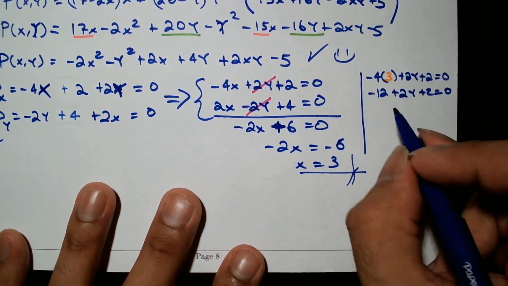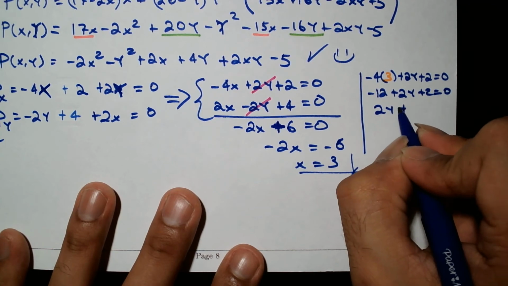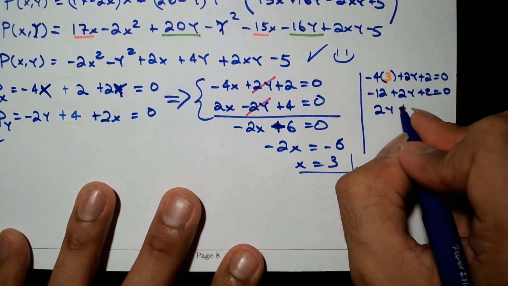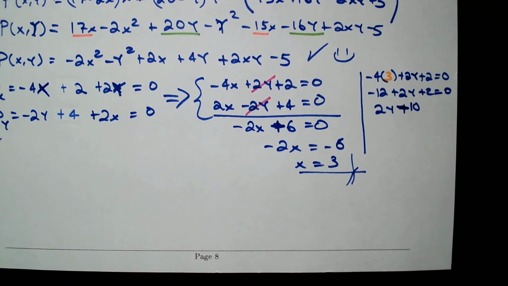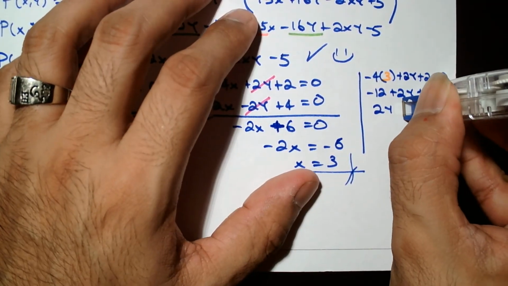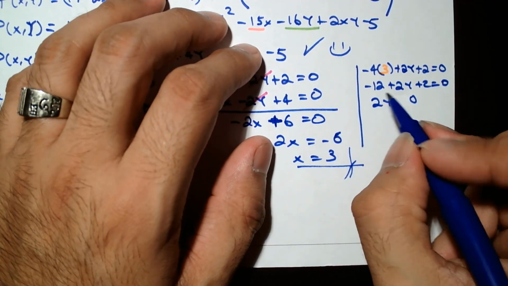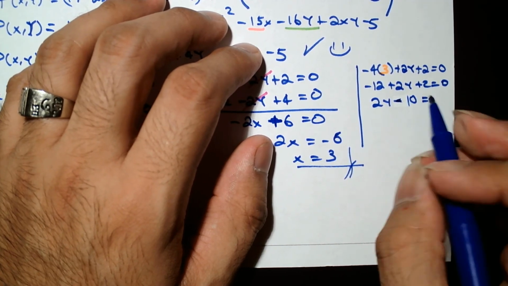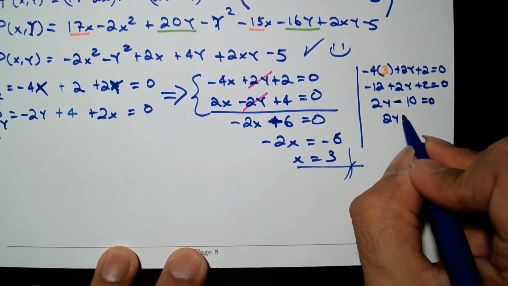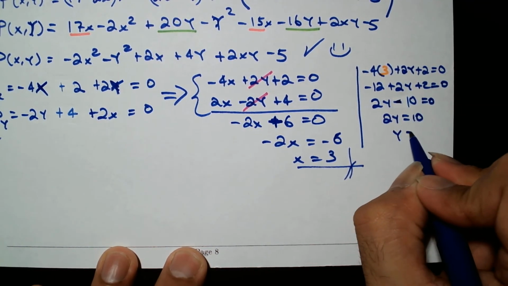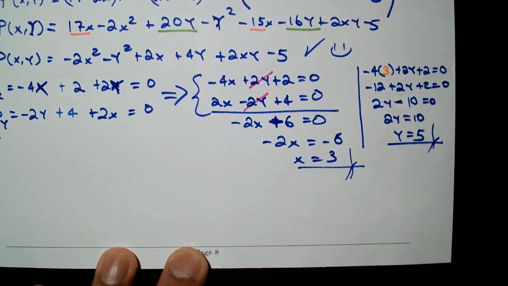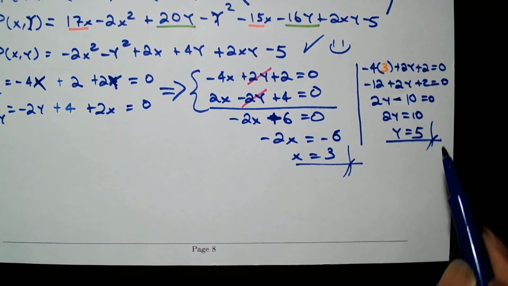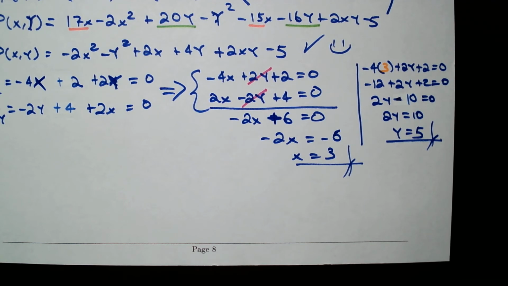Combining like terms, we get 2y minus 10. Oops, minus 10. Let me erase this and make it a minus. Equals 0, so 2y equals 10 and y equals 5. Again, so far so good. Positive numbers of cars to manufacture, of each mid-sized and compact.